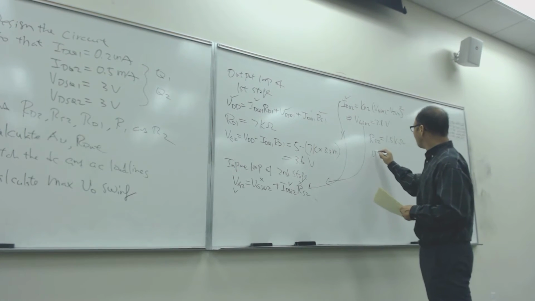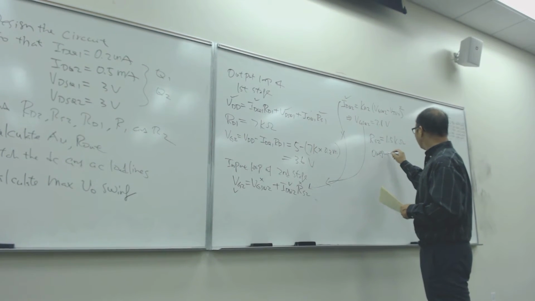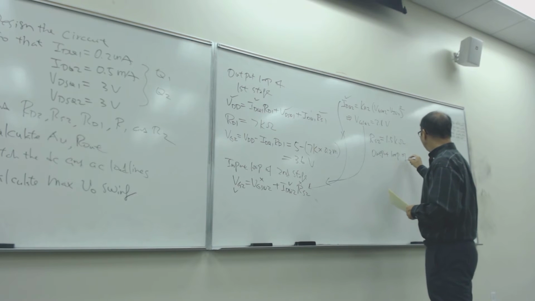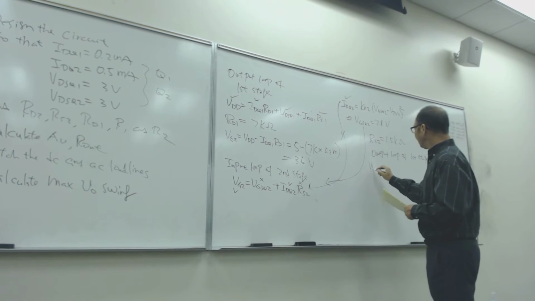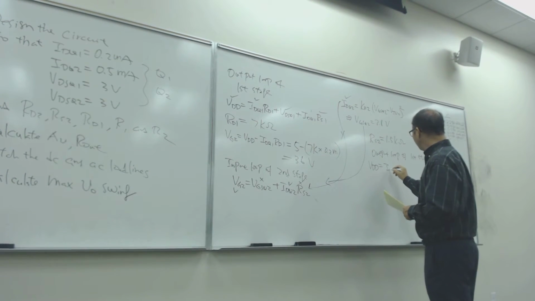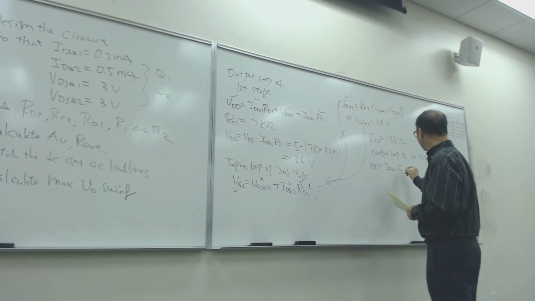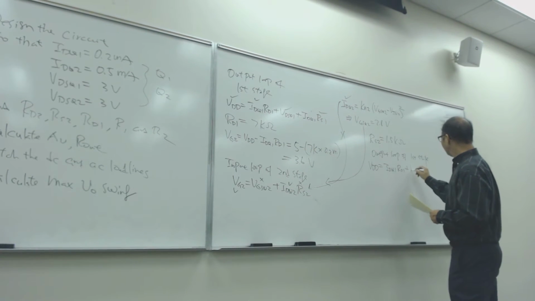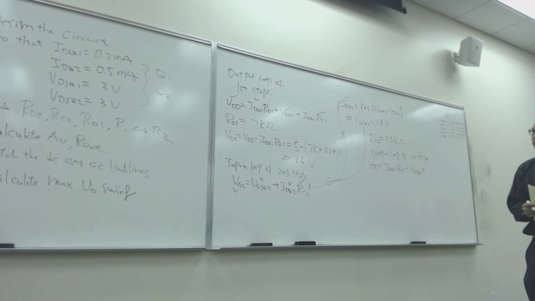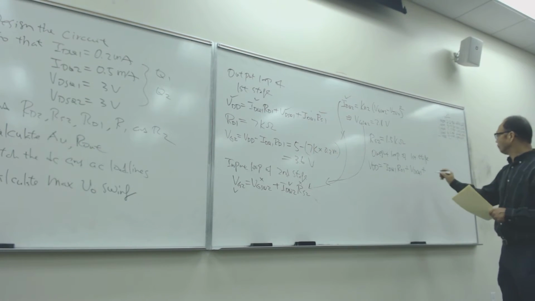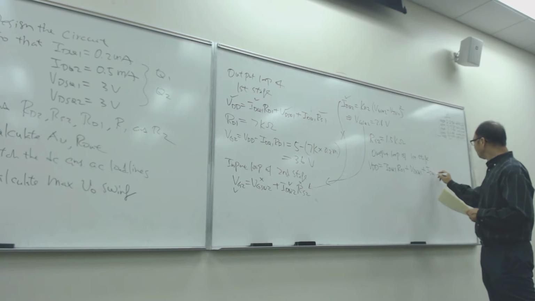So now you go to the output loop of the first stage. So VDD equals IDQ1 RD1 plus VDSQ1 plus IDQ1 RS1.